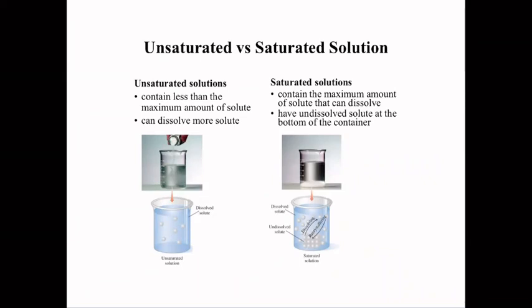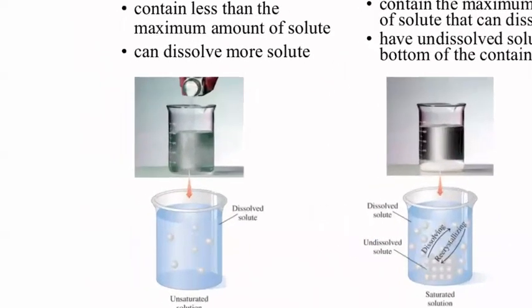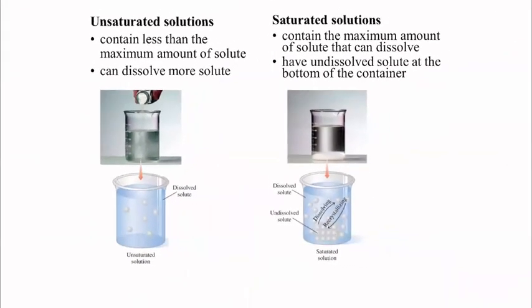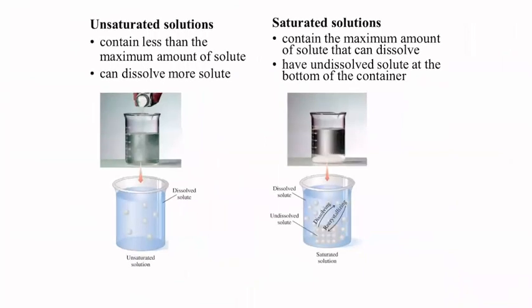Since there is less solute than the solvent can hold, we can dissolve more solute in that solvent. You can see here in the image on the left, this is illustrating an unsaturated solution. Let's now look at the other type of solution, which is a saturated solution.